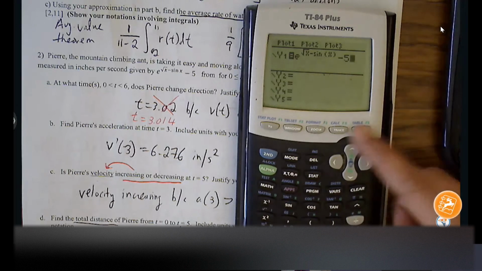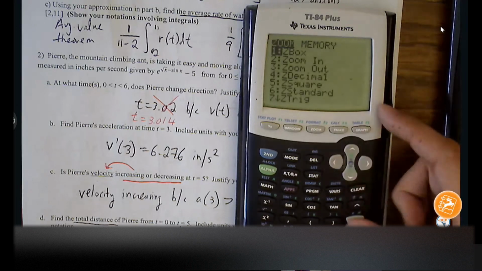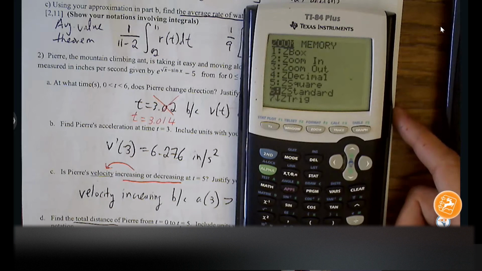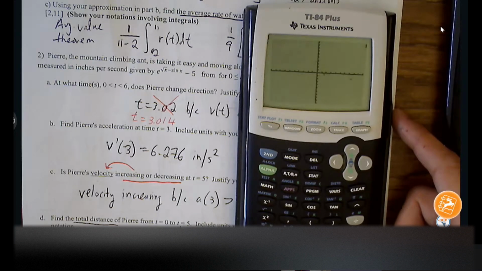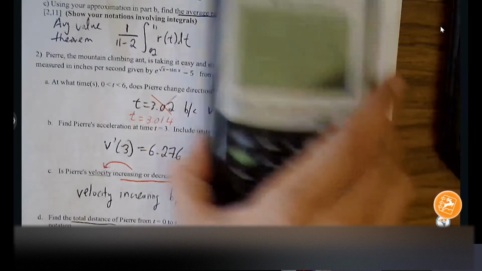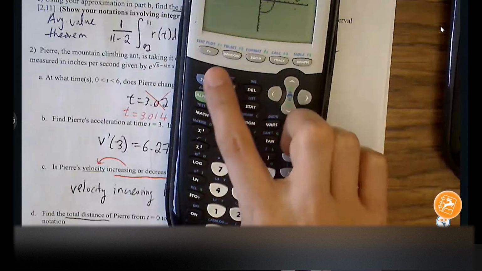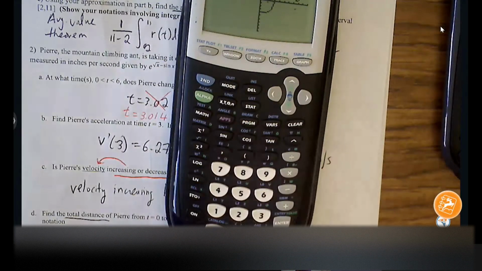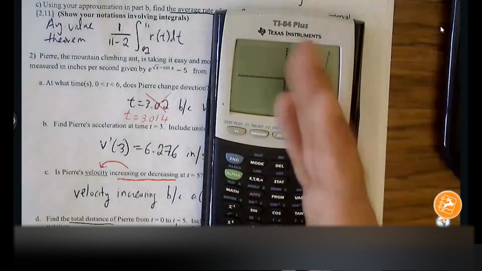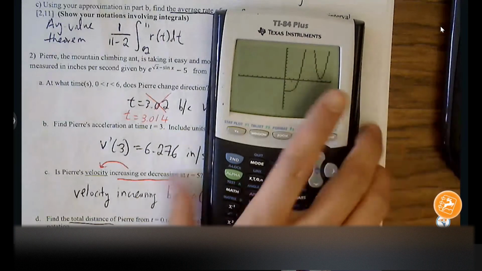Okay, yeah, I have that. Okay, zoom 6. Oh yeah, that looks exactly like how it was on your screen. There we go. So anytime you run into trouble, you can do second memory 712, in case you entered something from previous times and you weren't able to resolve it.